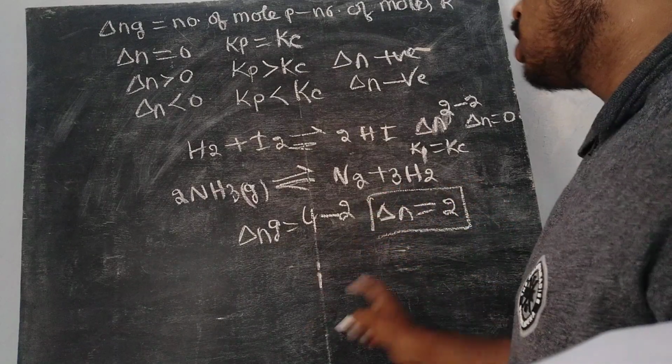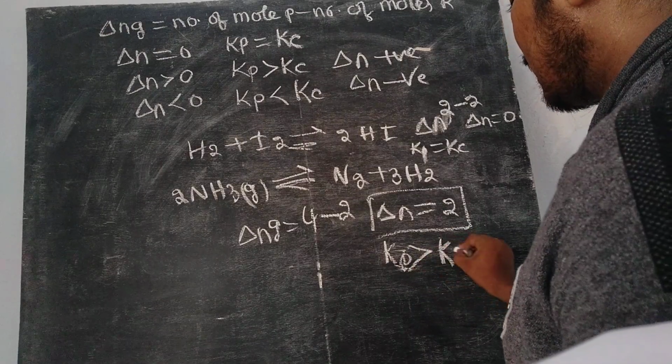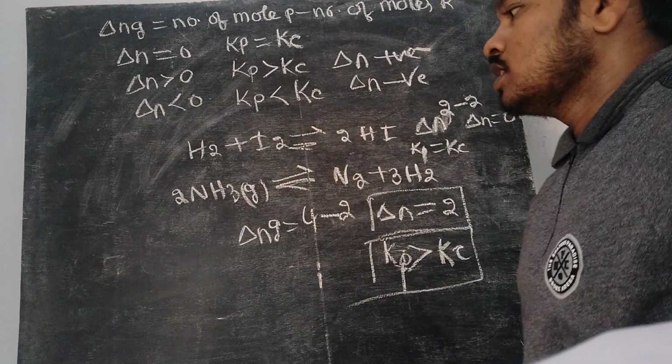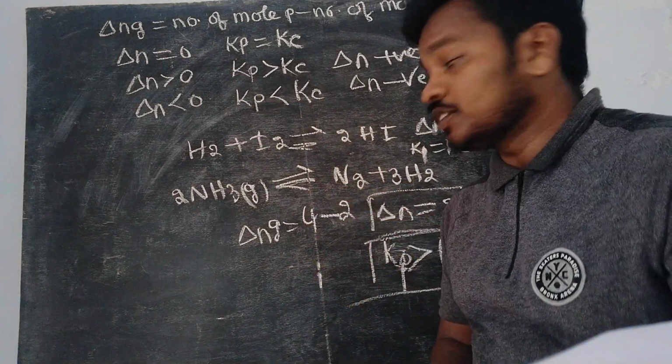So delta n is equal to 2. In the sense, Kp is greater than Kc. That means delta n is greater than 0. So this time, the product volume is increased.